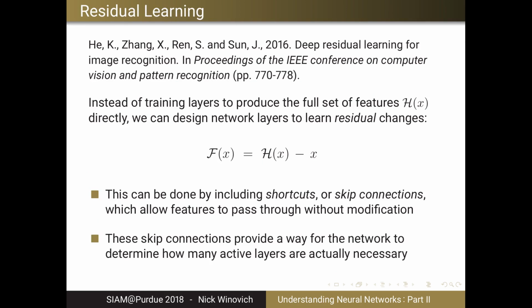And 2 other network architectures that I just want to touch on briefly that I think are worth mentioning are ResNet, so this idea of residual learning, which works with the idea that our network layers, as defined up until now, have always been targeting defining these full features. The h of x, say, is what the target features are.